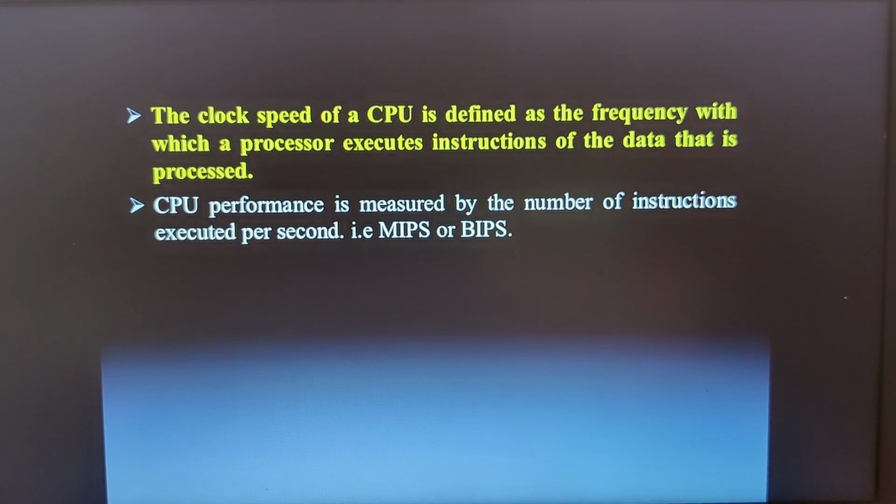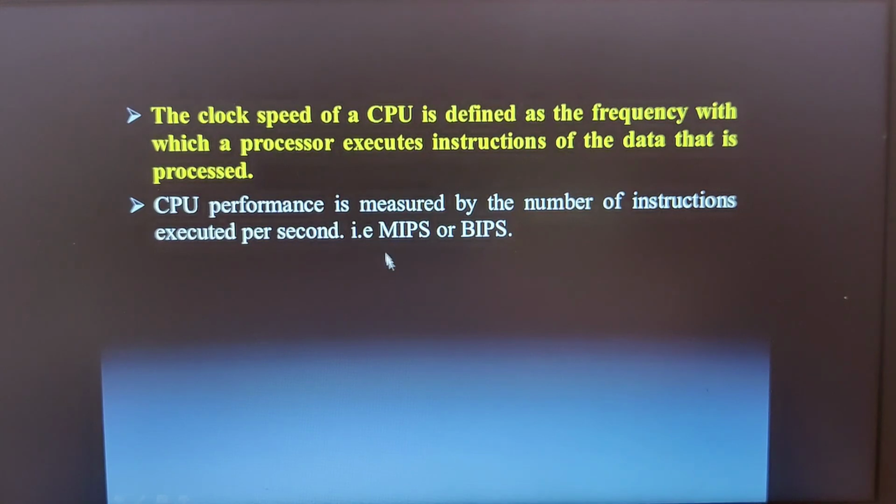The clock frequency is measured in terms of MIPS, millions of cycles per second, and also in terms of BIPS, billions of cycles per second. You can also refer to them as million instructions per second, or billion instructions per second.